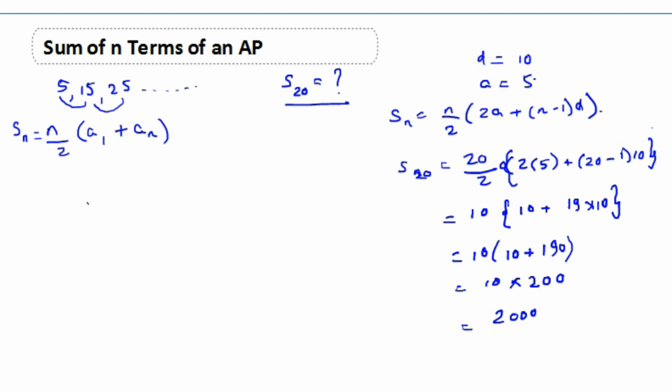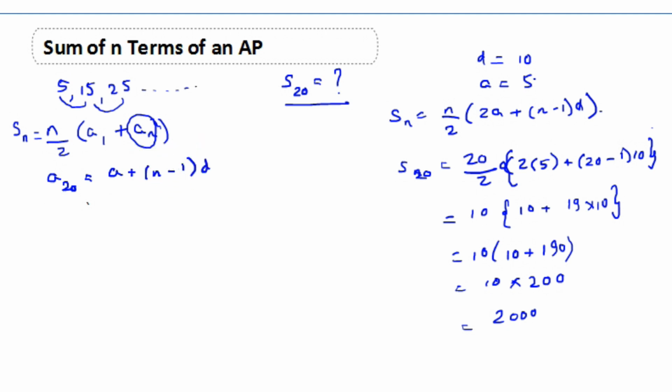We can find the same using the other formula also, but the only problem in this formula is that we do not know what the last term of the series or the 20th term of that series is. But we can find out what the 20th term is, because we know that the 20th term would be nothing but the first term a plus (n minus 1) times d, right?